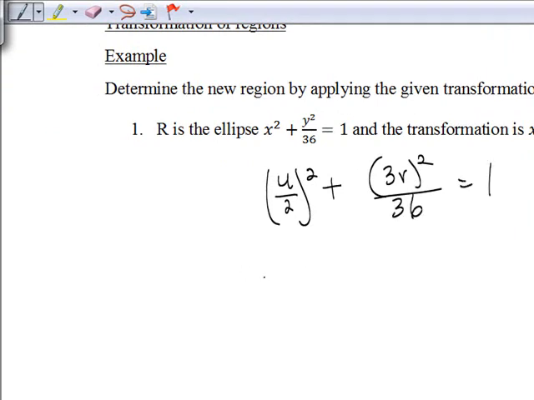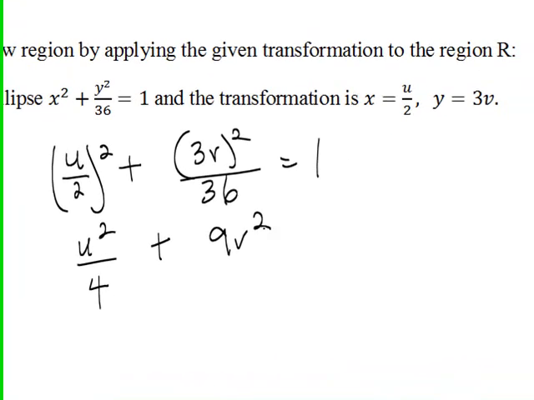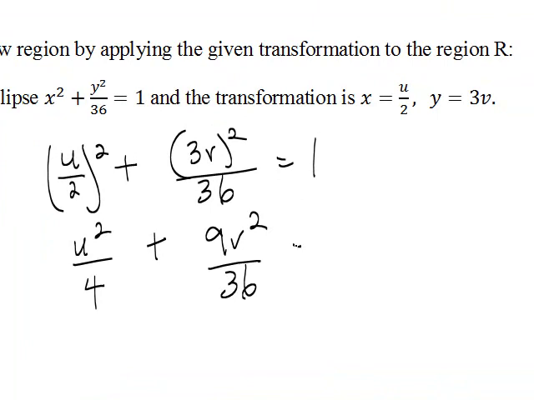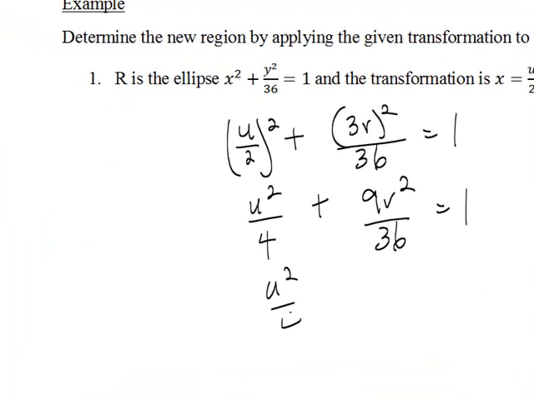Let's work that out. U squared over 4 plus 9v squared over 36 equals 1. So that is u squared over 4 plus v squared over 4 is 1. And so u squared plus v squared equals 4.